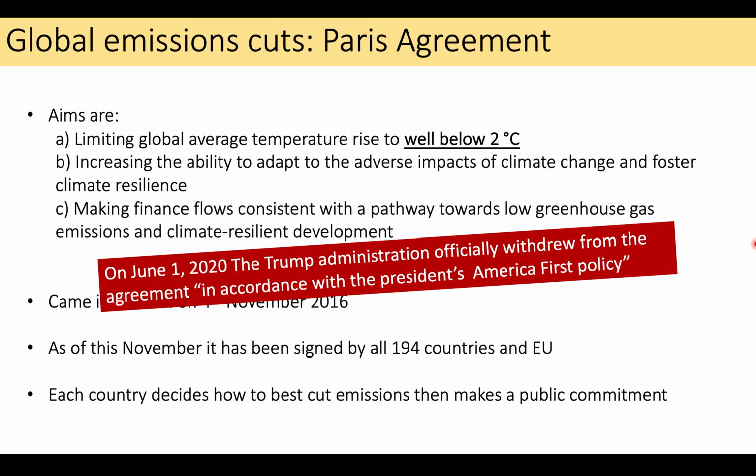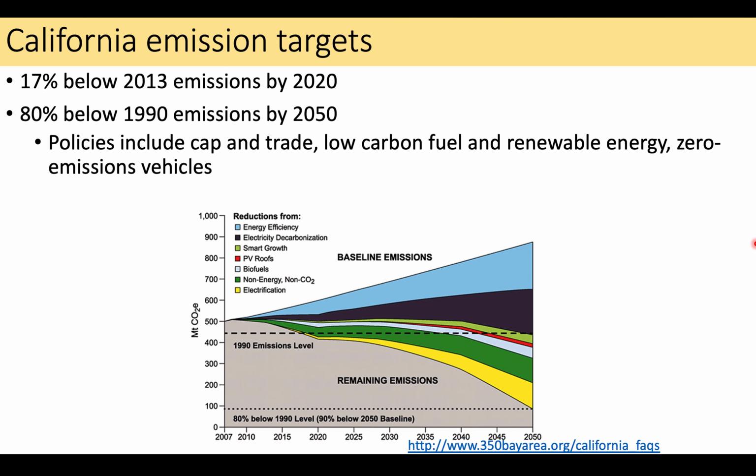However, sadly, on June 1st, 2020, our administration withdrew from the agreement. So the US is no longer taking part in the Paris Agreement, which is a huge problem because we are a very big country that produces a lot of greenhouse gases. So this was a big blow to the climate scientists around. We were all really, really bummed out.